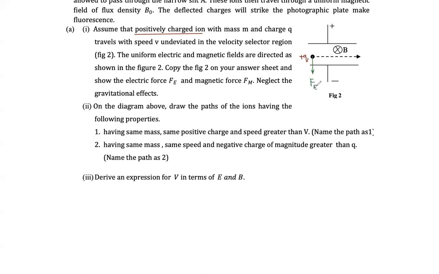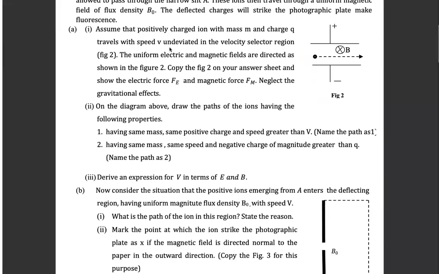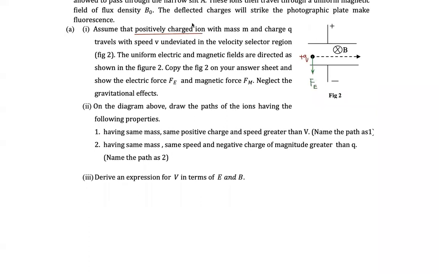Now, this is a positive charge. Therefore there will be a current because of that charge, and that current will be in which direction? You can mark the current to be in the same direction as the charge, because for us to apply Fleming's left hand rule to find the magnetic force, we need to know the direction of current.